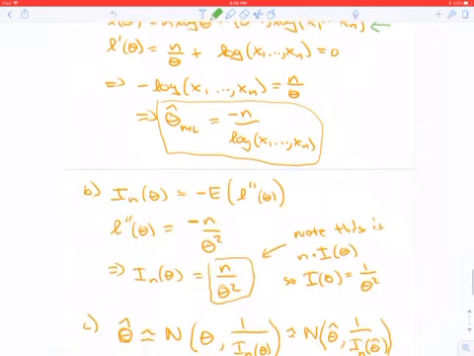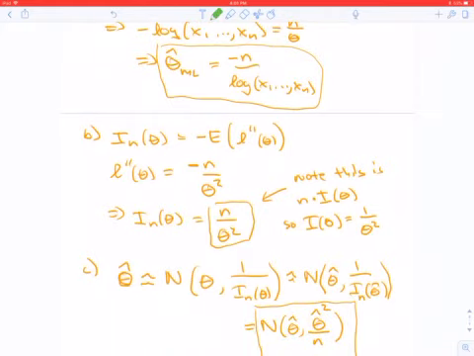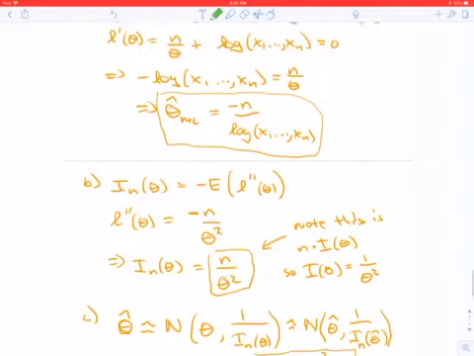And so to find the Fisher information, I'm using my working definition here. So I'm finding the sample one.